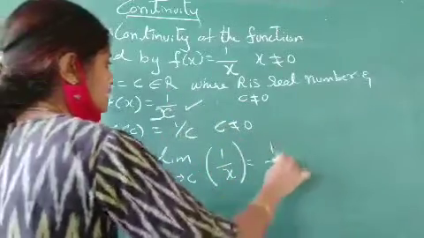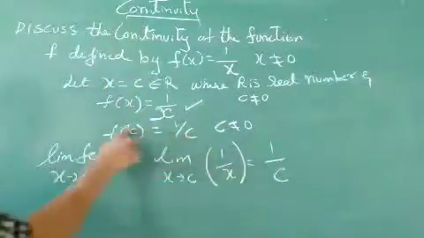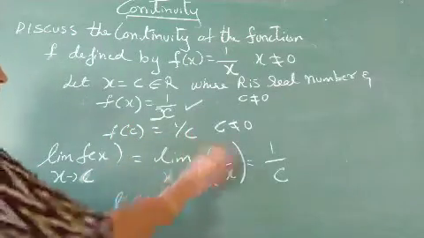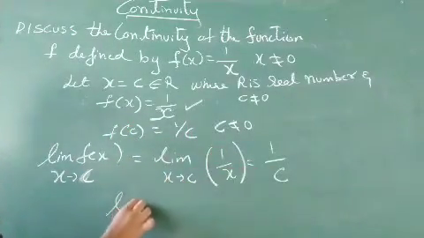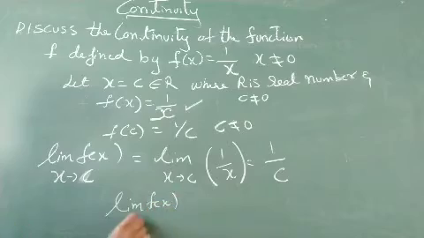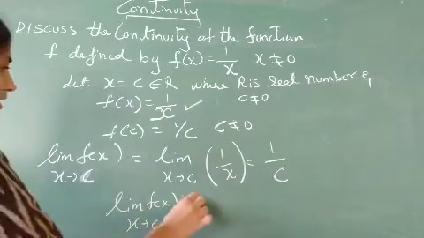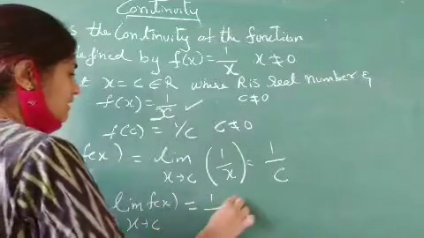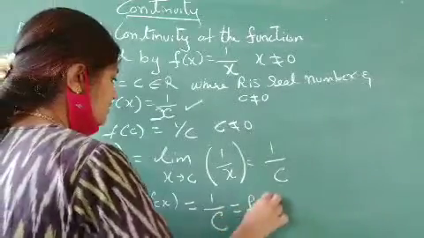X is replaced by c, giving 1 by c, which can be written as f of c. Both the answers are the same.